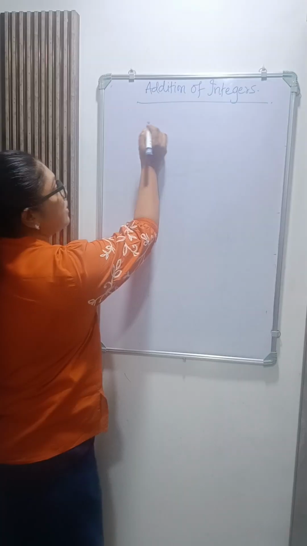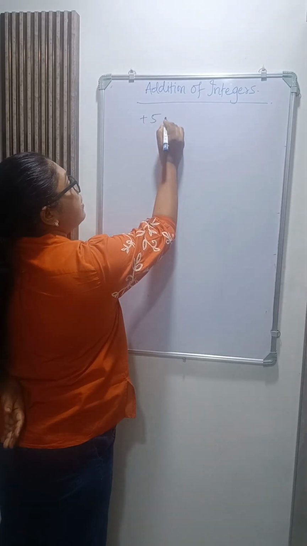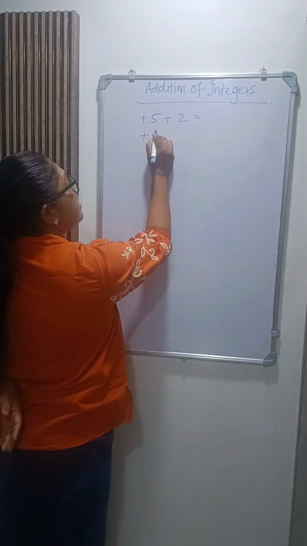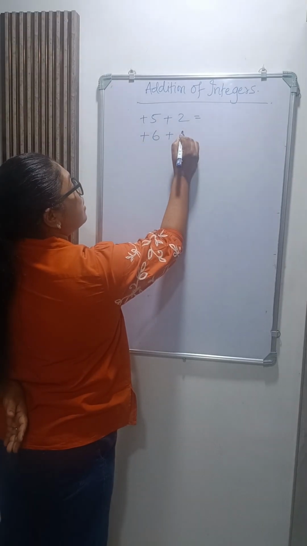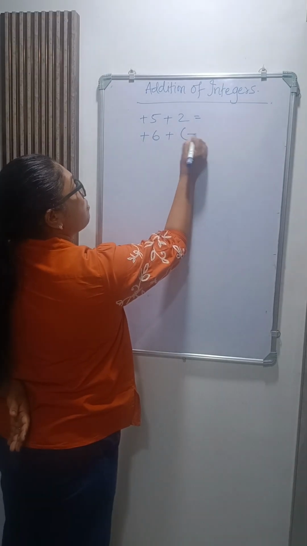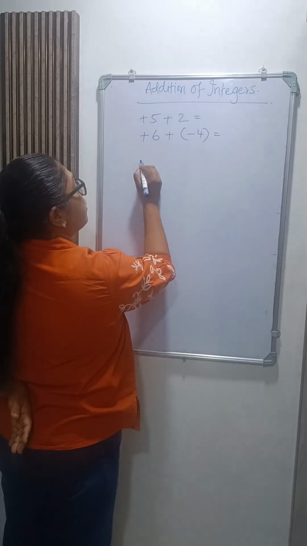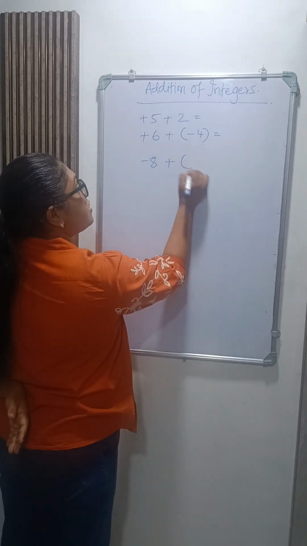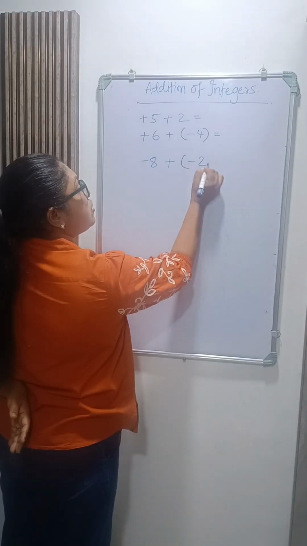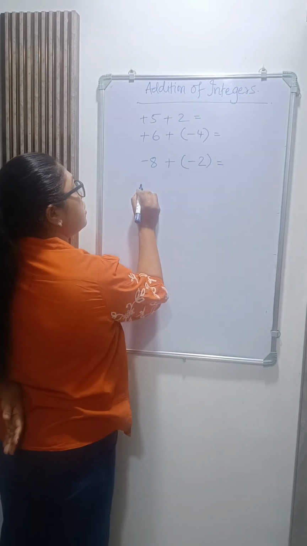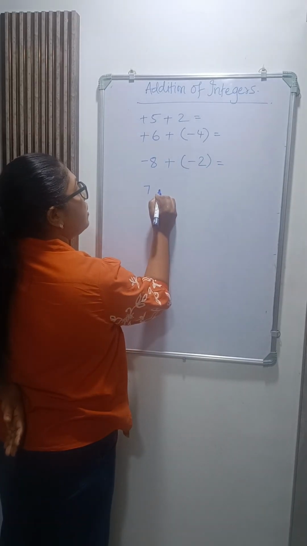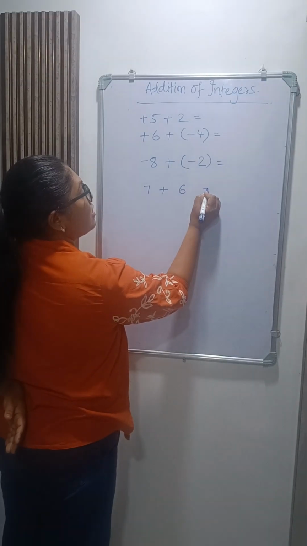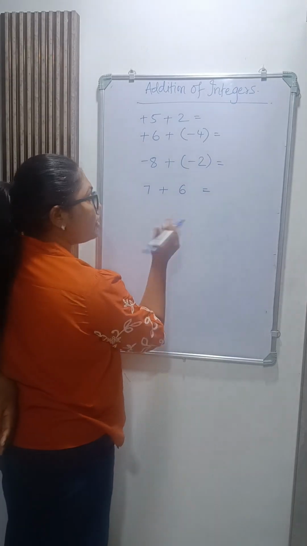Let's do some basic ones. Plus 5 plus 2. Plus 6 plus minus 4. Minus 8 plus minus 2. 7 plus 6, both are having plus sign.